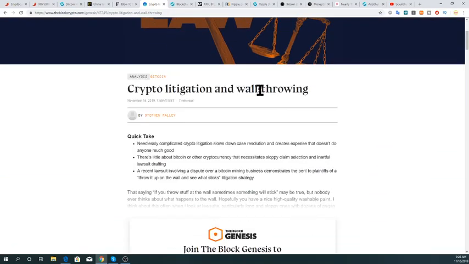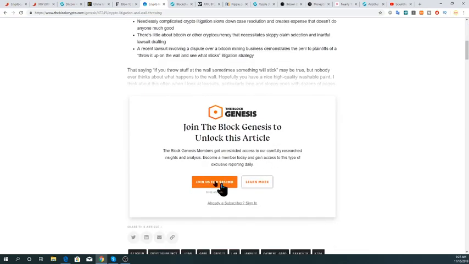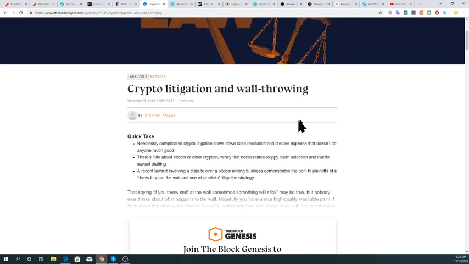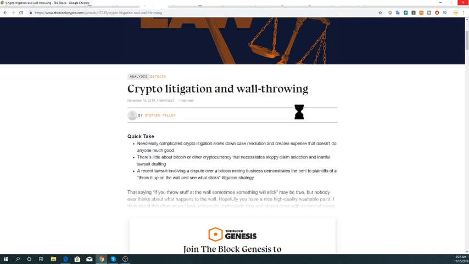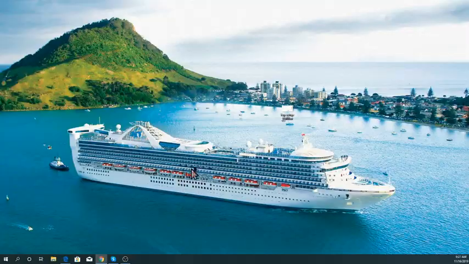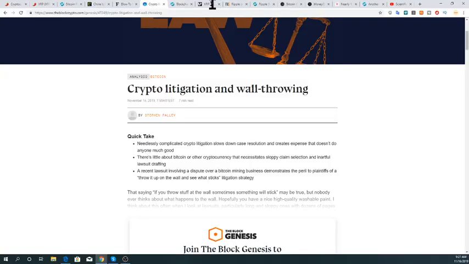That's a short one. If you have full access, you can go through it. But what it is showing is that it's slowing down the resolution of cases and creates expense that doesn't do much good. That's what they are thinking about. With all the lawsuits and other stuff coming in, they're thinking about that, not about the long-term use case which this asset class can actually provide.